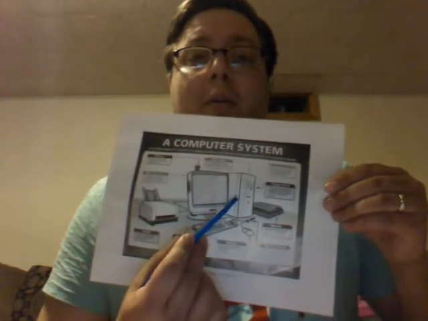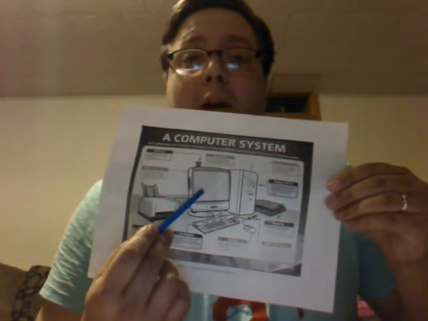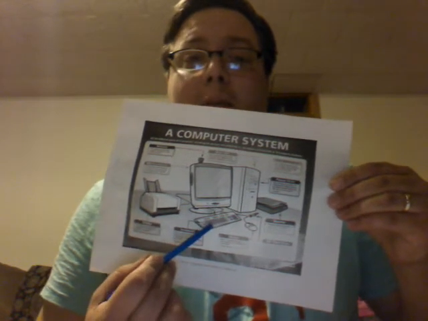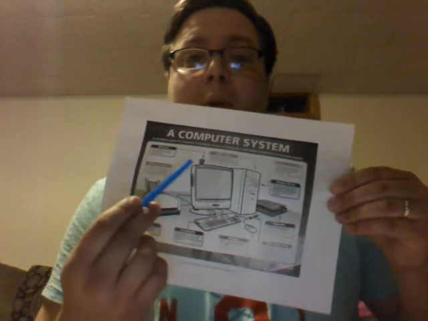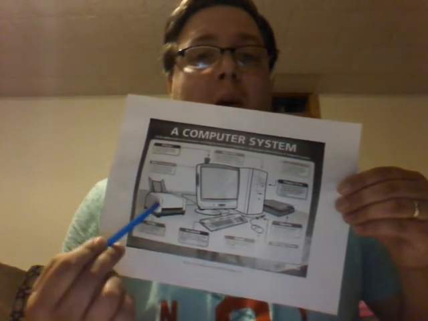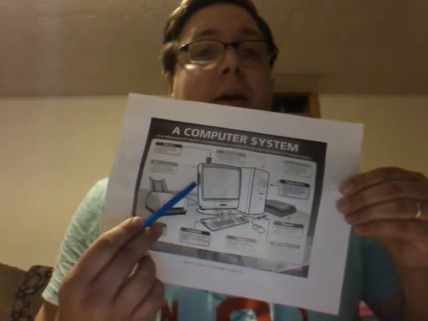The main parts of a computer system are the base unit, the monitor, keyboard, mouse, scanner, the webcam, printer, and speakers. Physical characteristics of a computer system change depending on the pieces and parts that you have.